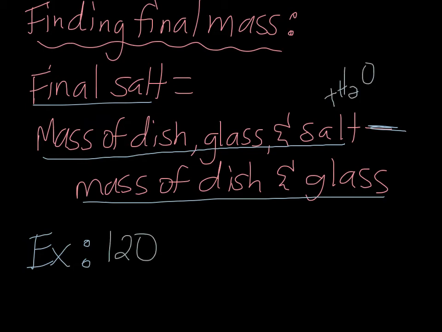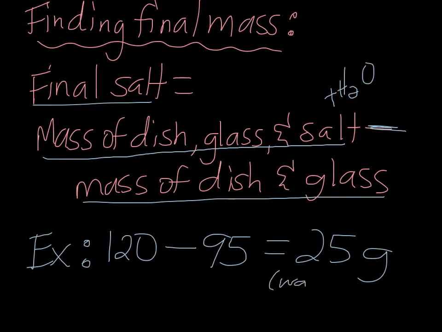I'm just going to make up probably around 120 grams. The mass of my dish and watch glass was 95. So if you subtract those two, I'd have 25 grams as the final mass of my salt. Very large number compared to what you really started out with, but why? Because this has water in it, and that's okay.